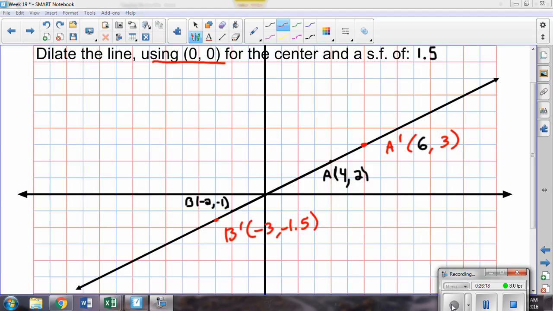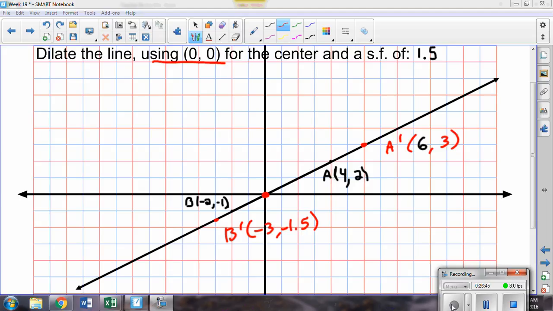And it's not an accident that this happened. Our center was right here, and the line passed through the center. Whenever we have a line, a ray, a segment going through the center, it's going to maintain the same direction and the same location. All we do is stretch it out longer or shrink it down in terms of size.